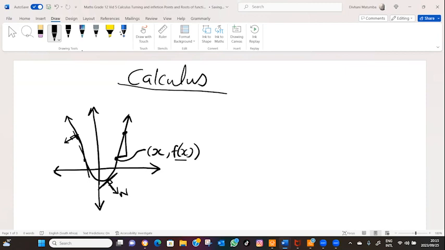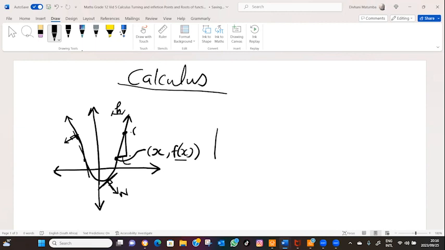Then to move from that point to that other point, let's say this movement from this point to this point is h, then what will be the distance from this point to that one?